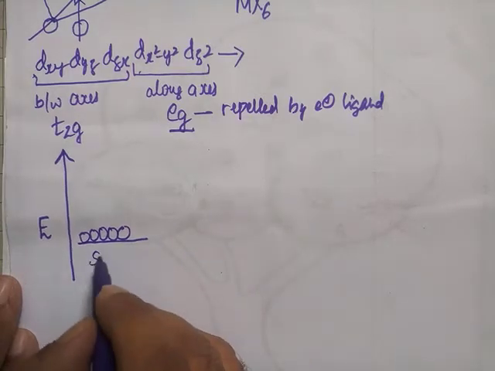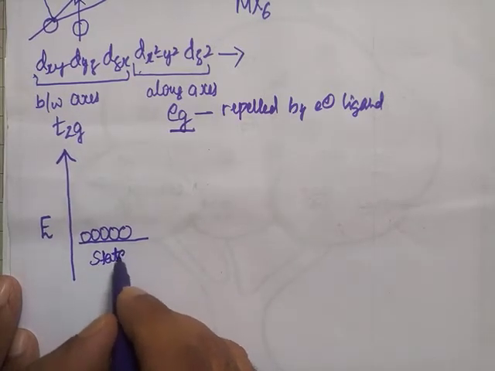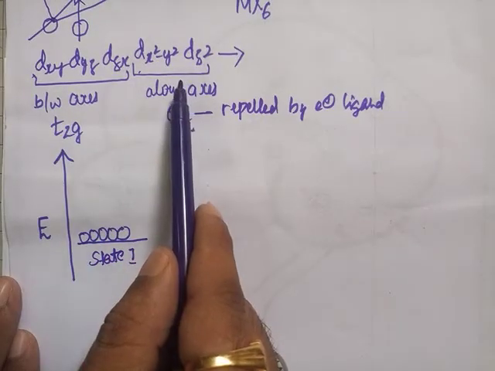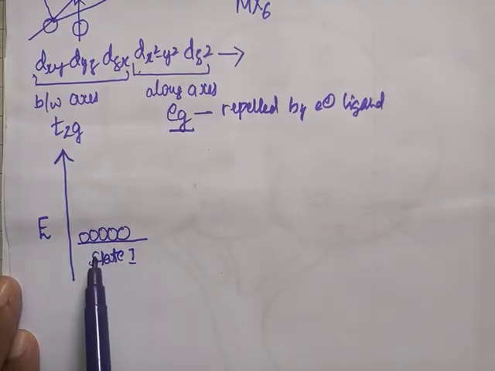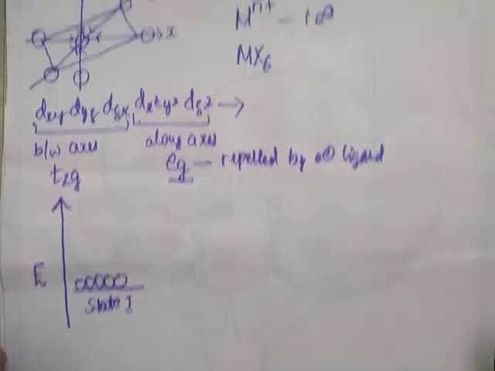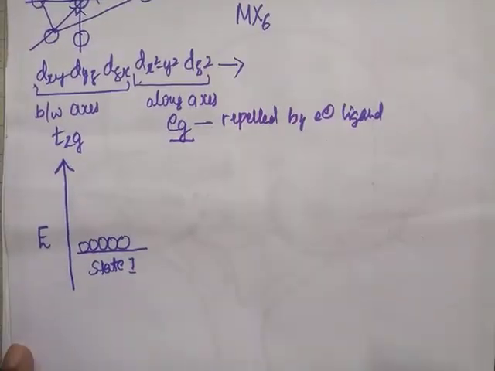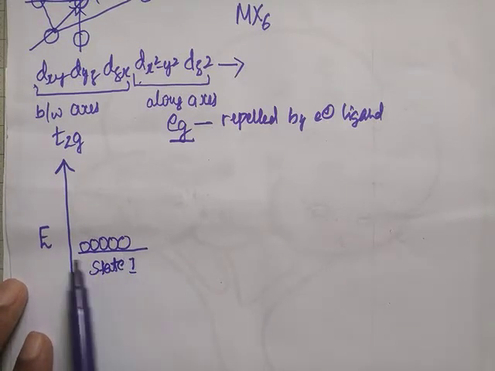Let us call this state 1. This state 1 represents degeneracy of the 5 d orbitals. In the case of the isolated ion, in the absence of ligands, these 5 d orbitals have the same energy, therefore they are said to be degenerate.